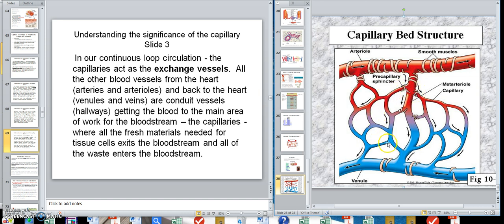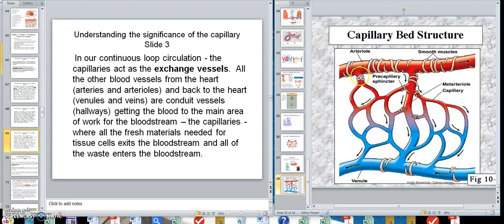So you have some selectivity even in the capillary bed. Now, let's say this one needs it, and this one doesn't. Then you do it that way. Let's say both do. Then you'd kind of unleash this and get up into here. Now, let's say this is the end of the road, the last on the line. That means nobody needs anything up in here, but I need to get the blood back to the heart.